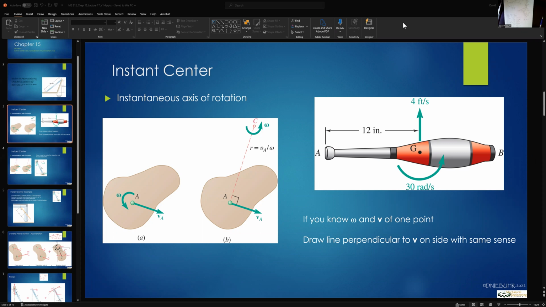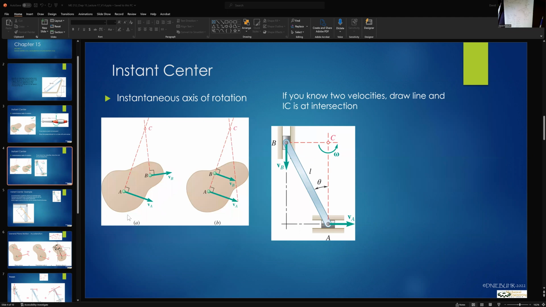So it's as if instead of having motion and rotation, you have just rotation. And it's easy with one velocity because you can just draw a perpendicular line out to it. Now, when you have multiple, it usually is easier to draw multiple perpendicular lines. So what I mean by that is, let's look at the next slide and then we'll come back to this one.